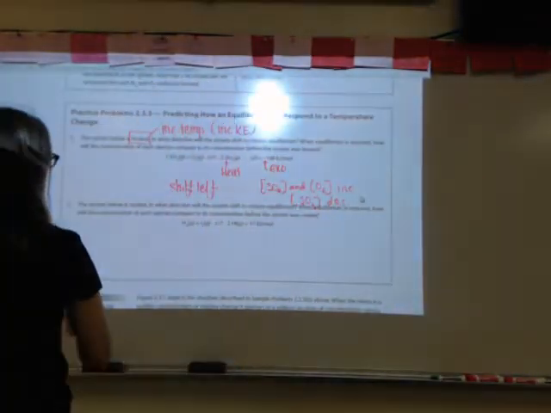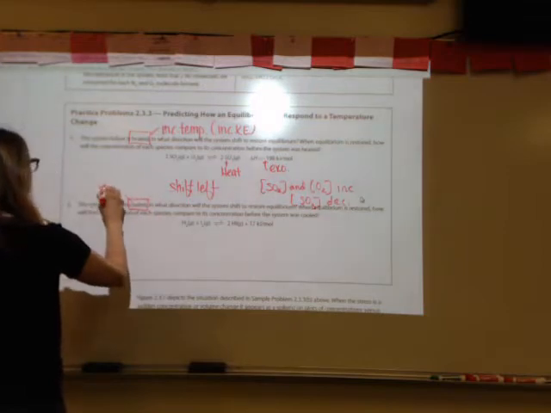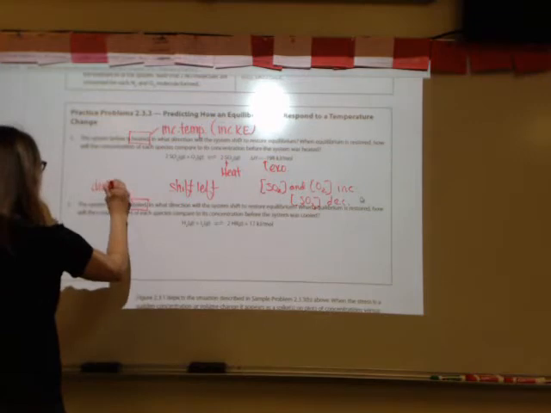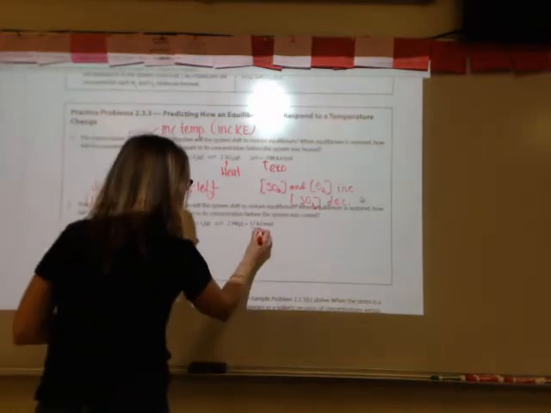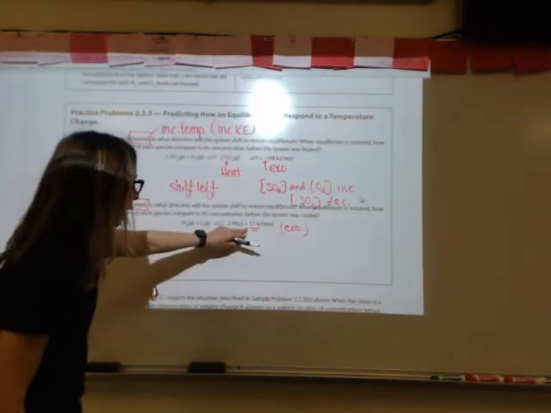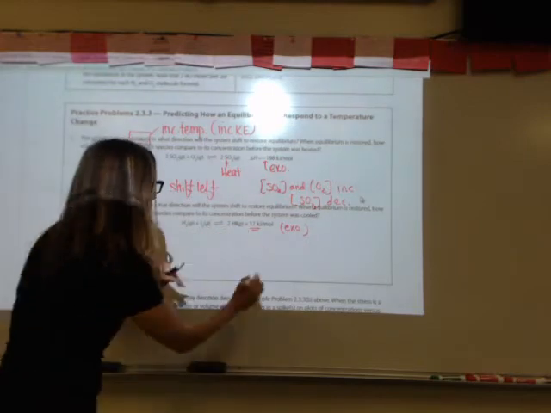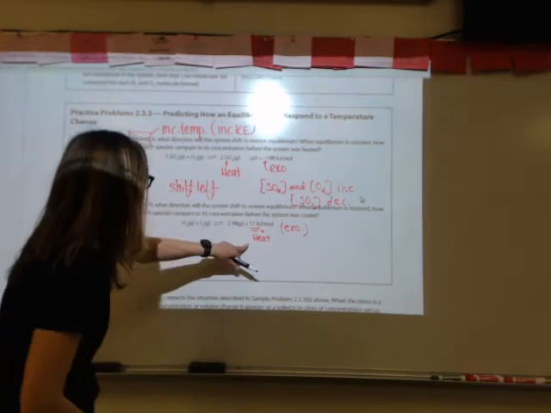For number 2, if I cool this system, so I am going to decrease the temperature, which means I'm going to decrease the kinetic energy. And this is an exothermic reaction because I have the delta H value in the equation on the product side, okay? So that means that heat is my product.